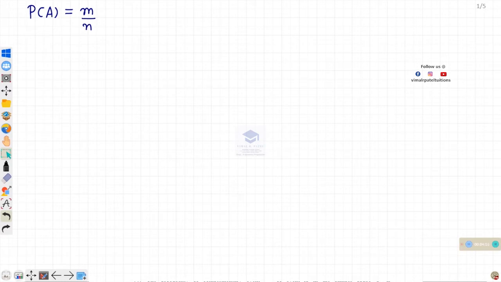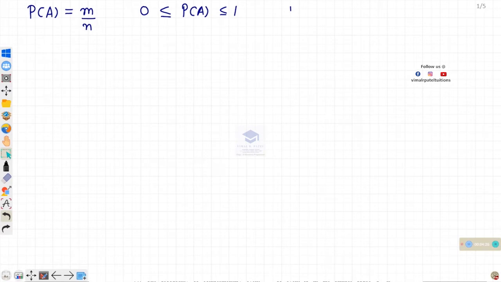Now, value of probability will be always like this. It cannot be less than 0 or it cannot be greater than 1. Why?